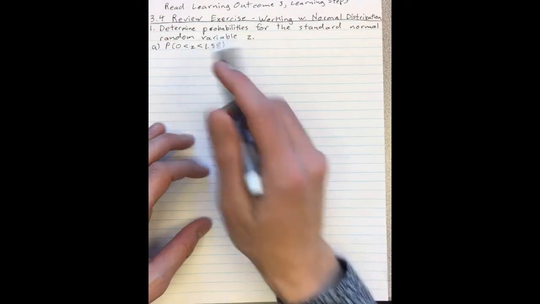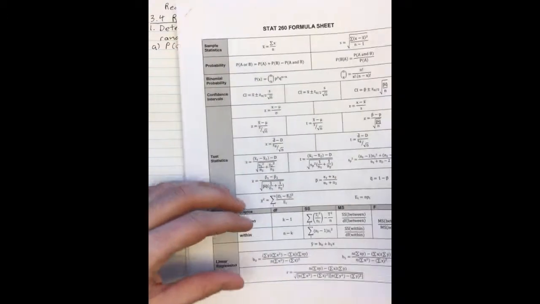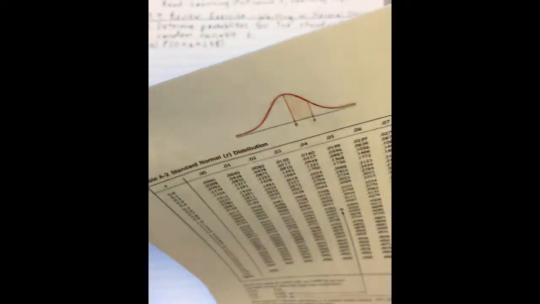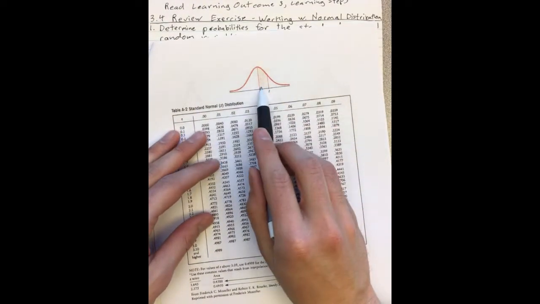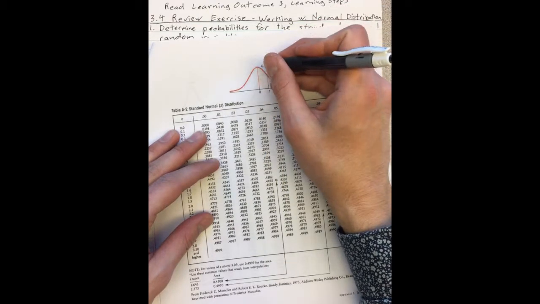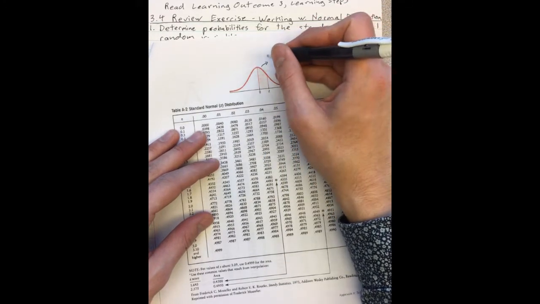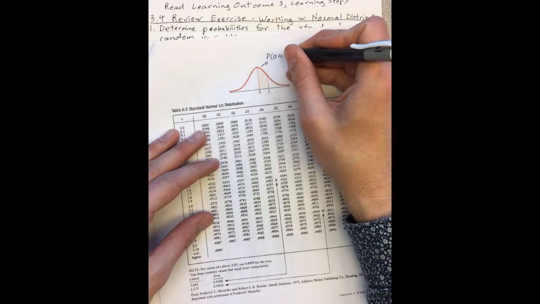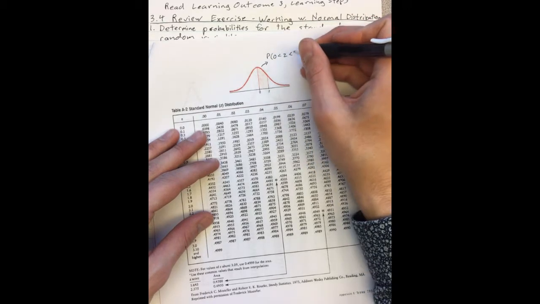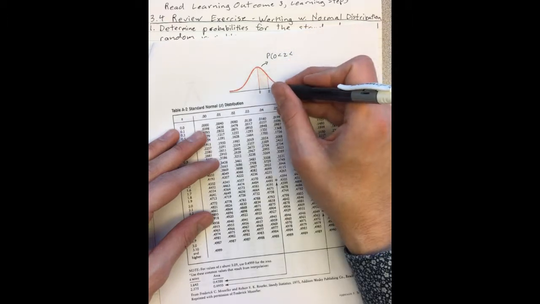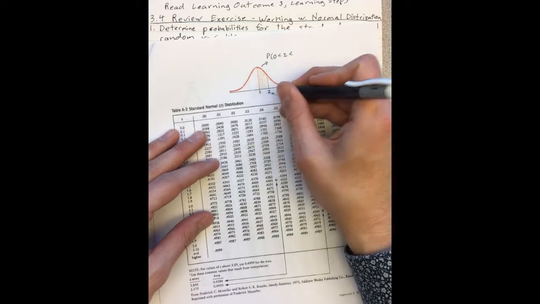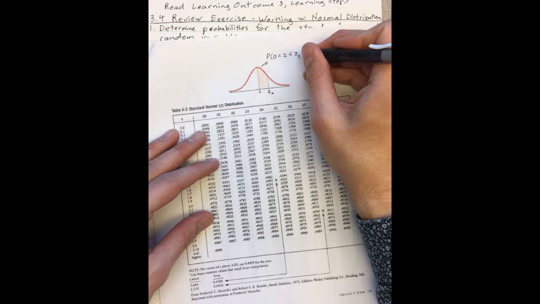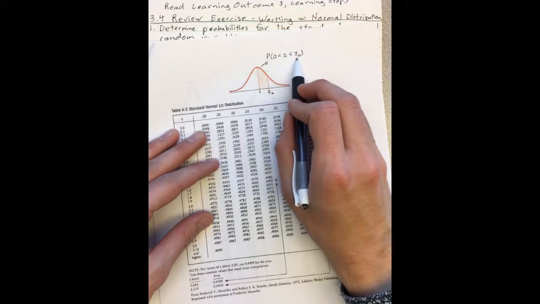Now, to figure this probability out, one of the neat things about this table is I want you to take a look at this right here. What this is saying is this table is computing the probability that our random variable lives between 0 and some value, let's call it z with a little 0 beside it, z naught, just to say it's some value, okay?